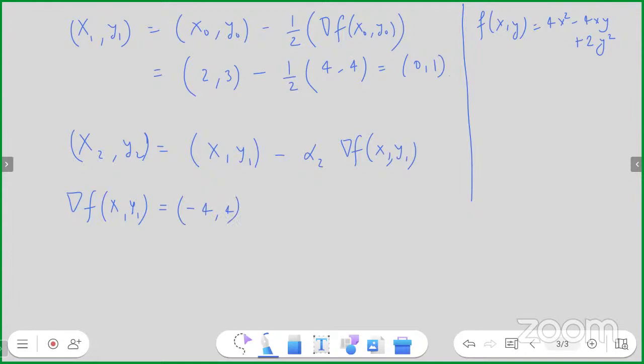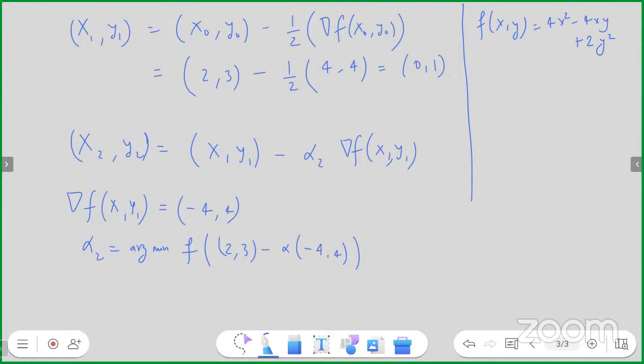And again, we'll find alpha 2 such that it is the argmin of f of 0, 1 minus alpha times the gradient.